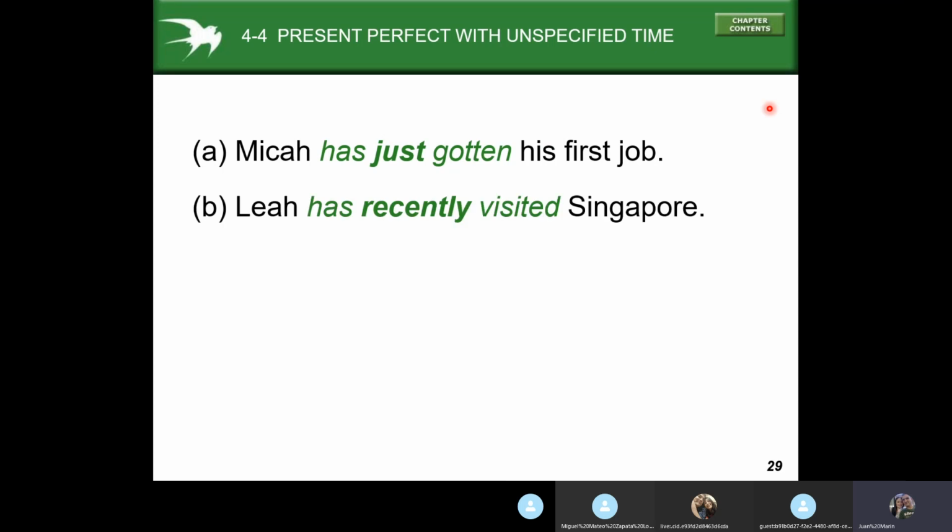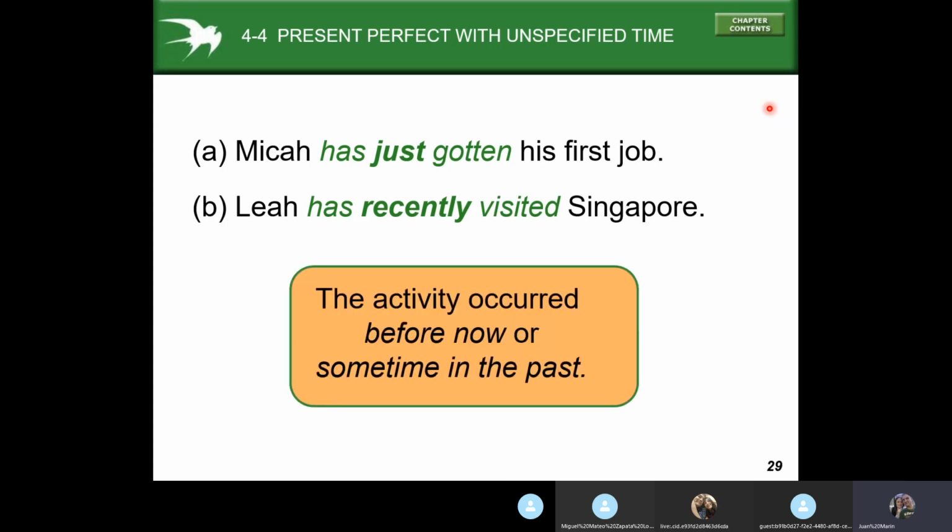Leah has recently visited Singapore. So the activity occurred before now or sometime in the past. Pero no tenemos exactamente el momento. ¿Sí? Aquí no tenemos el momento exacto, no es mencionado. Igual usamos el presente perfecto.